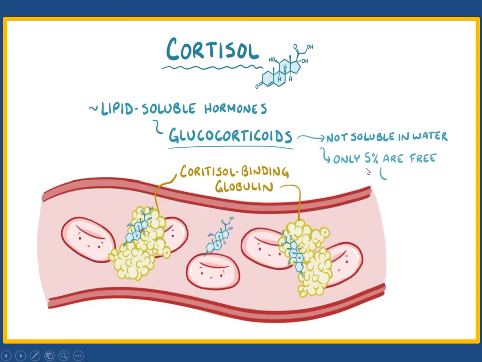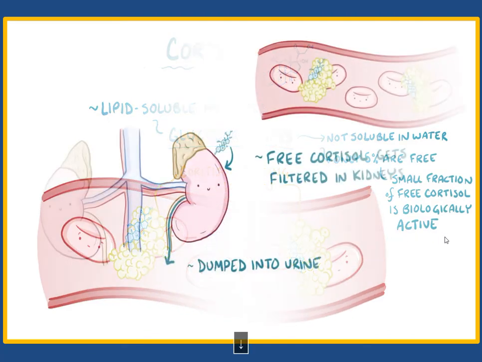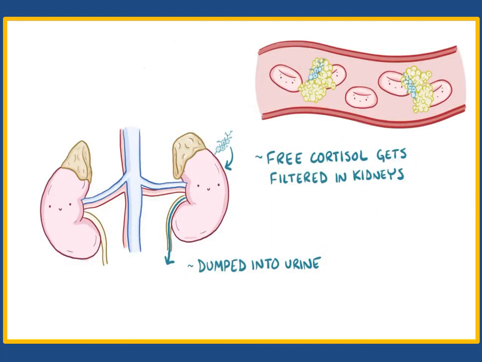Only a small fraction of cortisol in the blood is free and biologically active. The actions of cortisol. At first, we should know that free cortisol gets filtered in the kidneys and dumped into urine. Because of this, we can make a urine test for estimation of urine free cortisol level.